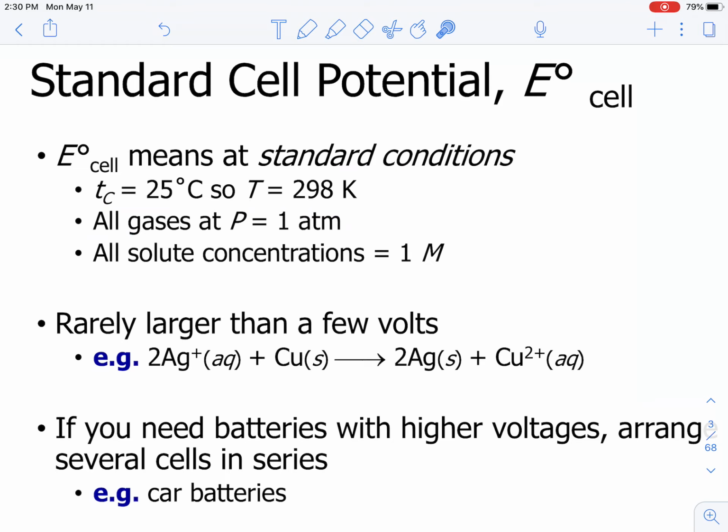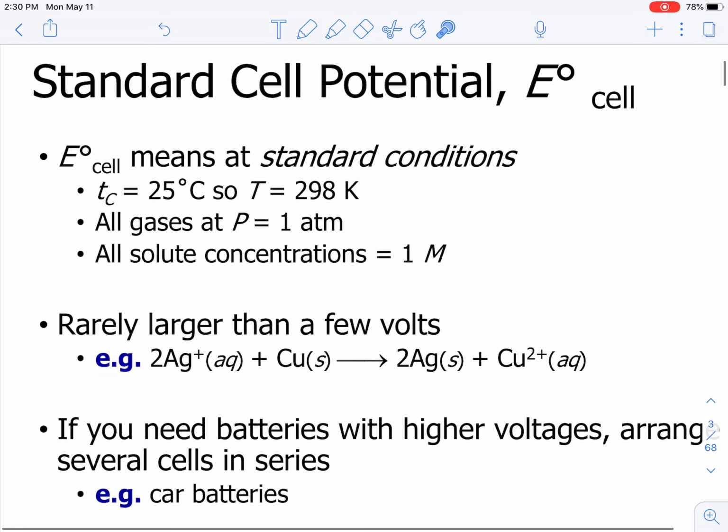And for the solute concentrations, to measure the cell potential under standard conditions, it's going to be 1 molar. So these are some of the standard conditions that we have to keep in mind. And this word standard condition is simply represented by this E naught.